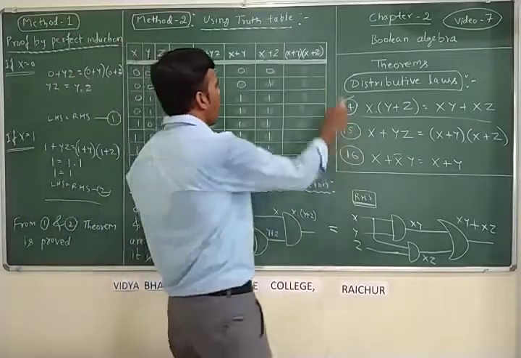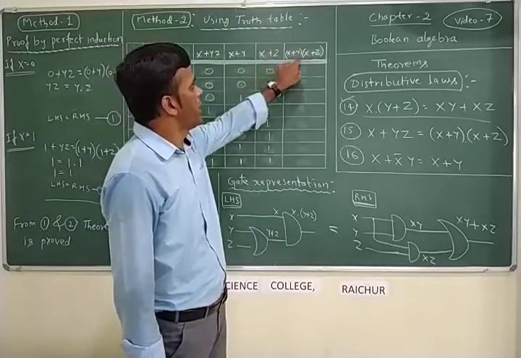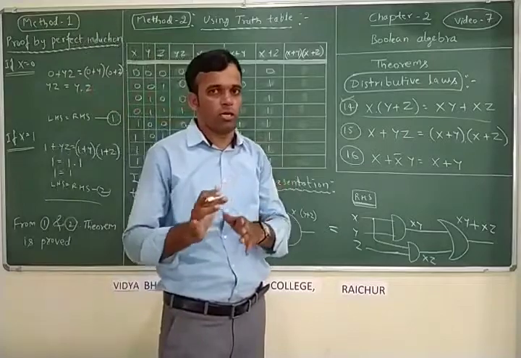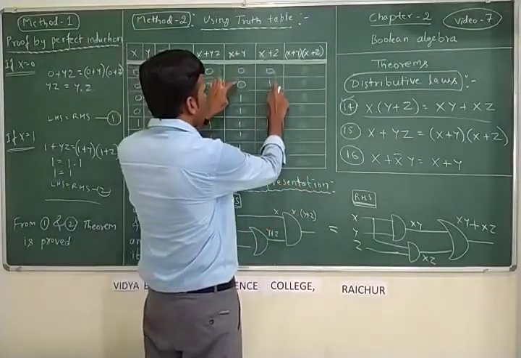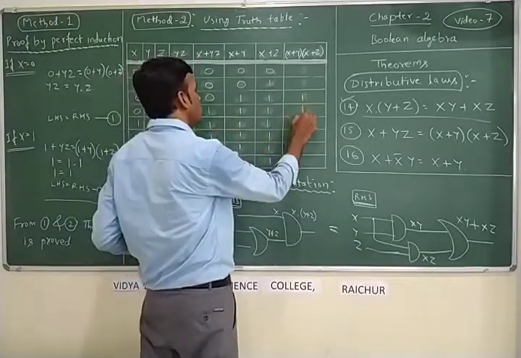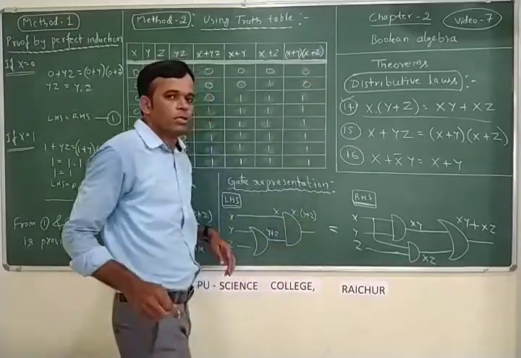Now we go for the AND operation between these two columns, x plus y and x plus z. AND operation means it is 1 when both are 1. From here onwards we are getting both as 1, so the answer is 1. Starting two, it is 0.